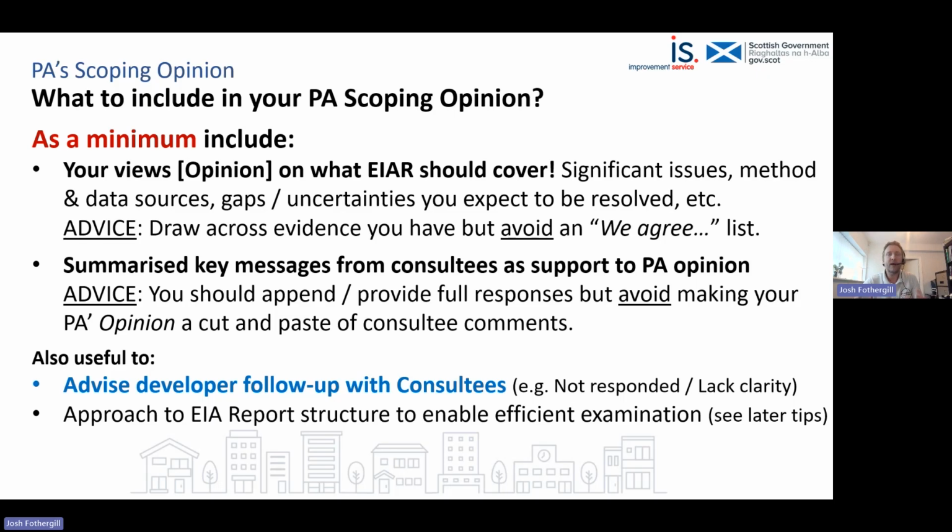And what do I mean by that? Well, what do we feel are the significant issues? What are the methods and data sources that we might be expecting, or the particular receptors we might be expecting to hear about? Are there gaps or are there uncertainties within the information that's been presented as to what they're planning to do in order to help them focus their work?